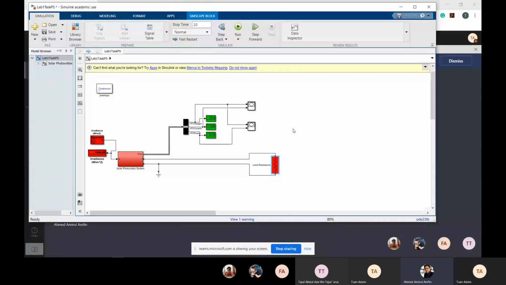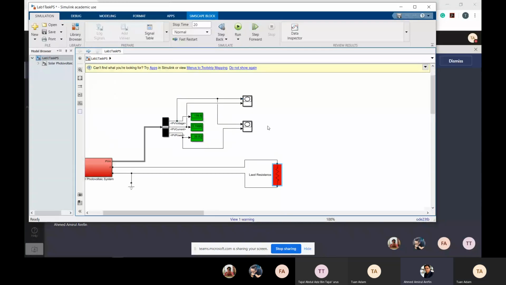Already, sir. Then you can see the voltage is 199, which is the highest voltage here. If you put a larger value like 10,000, it will show more voltage. The current is also okay.